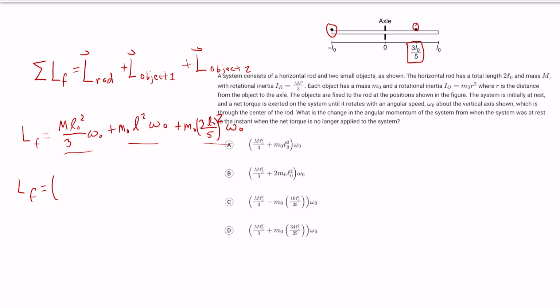In parentheses here, we'll have, of course, the capital M L naught squared over 3 plus, and then I'm going to put the two objects together and factor out an m from them, just to simplify how much we're writing here. So I'm going to say m naught times 34 L naught squared over 25. And then this is all times omega naught.